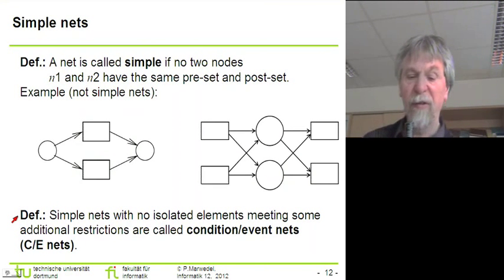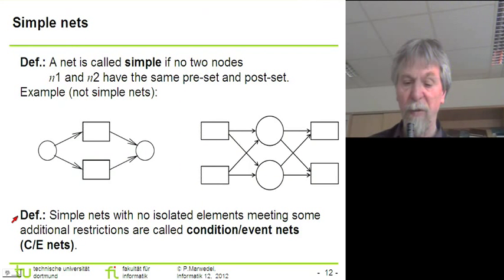Now this leads us to the definition of the first type of Petri nets that I would like to consider in this lecture. This leads us to the definition of the so-called condition event nets. Condition event nets are simple nets with no isolated elements meeting some additional restrictions, and well, that's really the definition of condition event nets. So that means we are requiring that these nets are indeed simple.